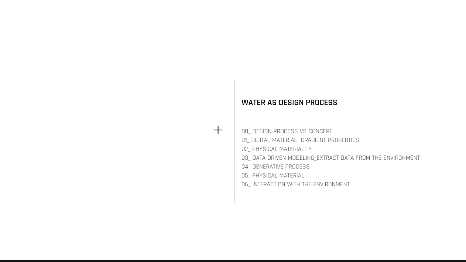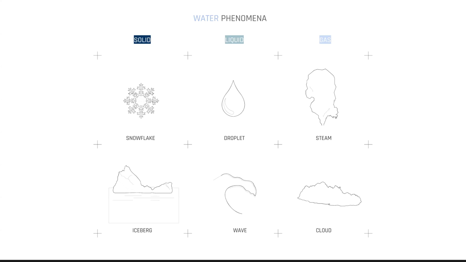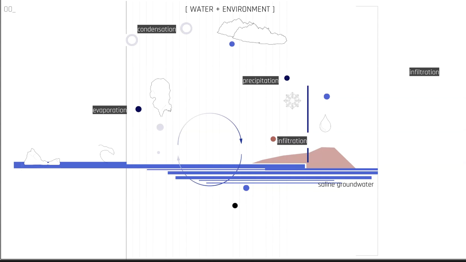After term 2, we focused more on the phenomena of water as material. We started trying to articulate a couple of scenarios and different strategies for water-based architecture and urbanism.